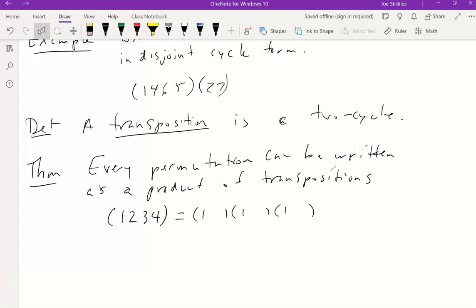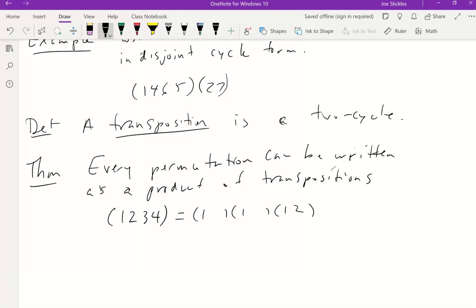Where does 1 need to get mapped to if I'm going to start it this way? If I want these two things to be equal, 1 better be mapped to 2, right? Well, I better not put the 2 here because 1's going to get mapped to something else over here, right? So I better put the 2 here, and not put it in the other 2, because then 1 gets mapped to 2 and we're done, right?